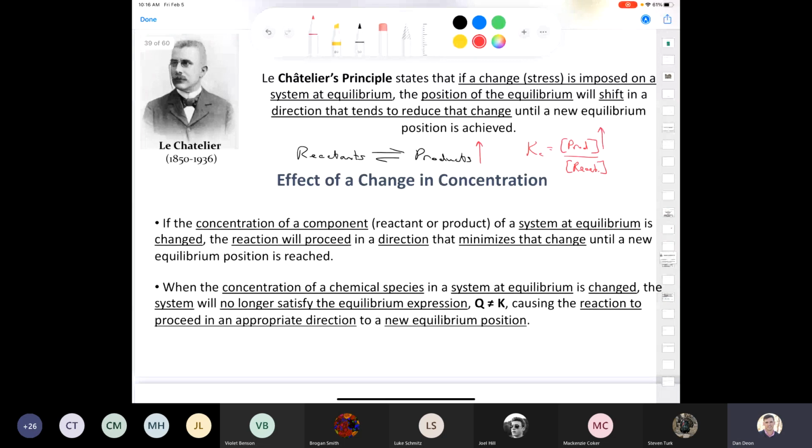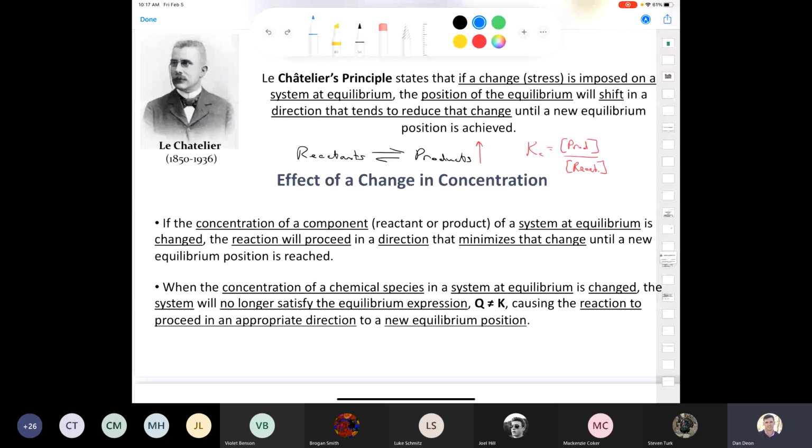That would make a larger value, which would be a Qc, and your Qc would be greater than Kc. And so what would happen to the equilibrium? It would shift to the left. It would have to go back this way to make more reactants to balance it out so you can reestablish equilibrium. Give me a thumbs up if what I said makes some sense to you. Even if you're just 60% of the way with me.